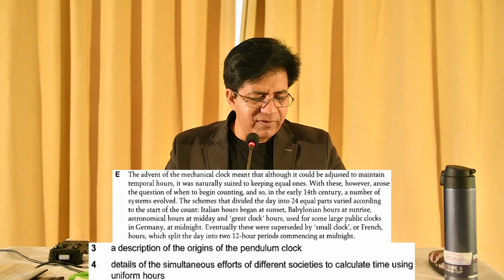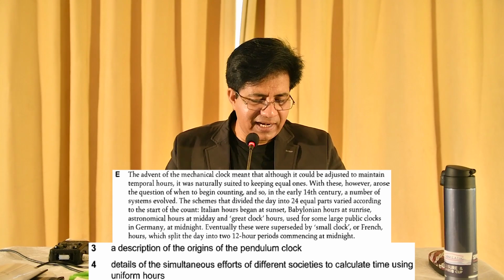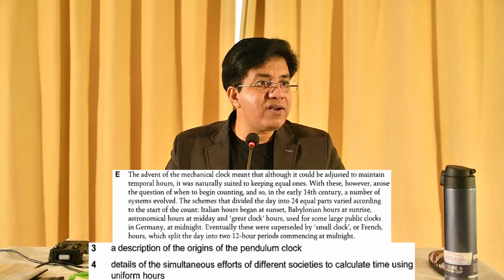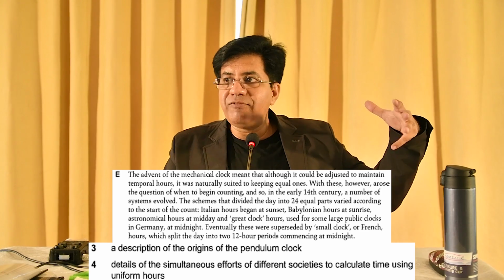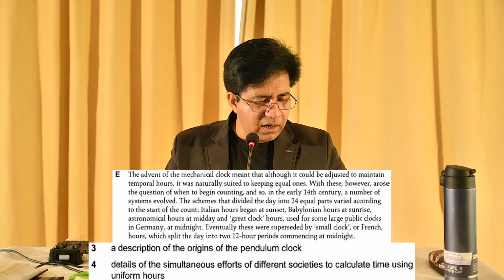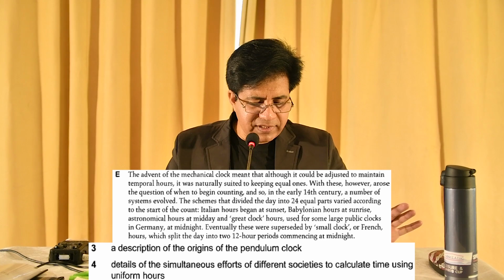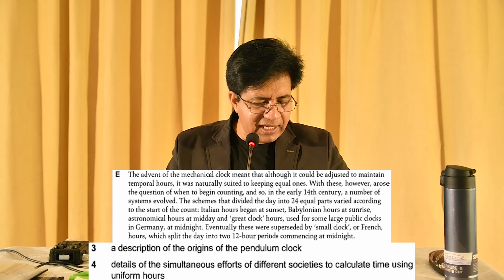Now, Italian hours began at sunset, means they calculated them from sunset. Babylonian hours at sunrise, so they counted the hours from sunrise. And then you go on. Then they say hours at midday, and great clock used for some large public clocks in Germany at midnight.